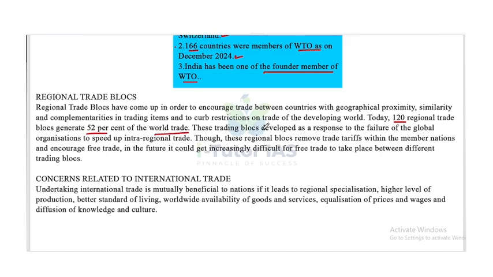These trading blocs developed as a response to the failure of the global organizations to speed up intra-regional trade. Though these regional blocs remove trade tariffs within the member nations and encourage free trade, in the future it could get increasingly difficult for free trade to take place between different trading blocs. Okay, this is the regional trade blocs.